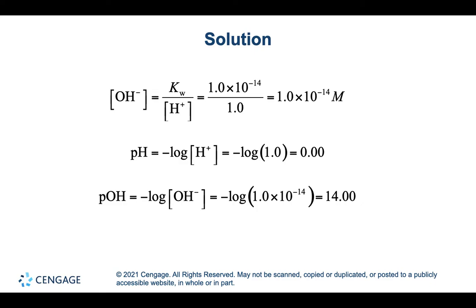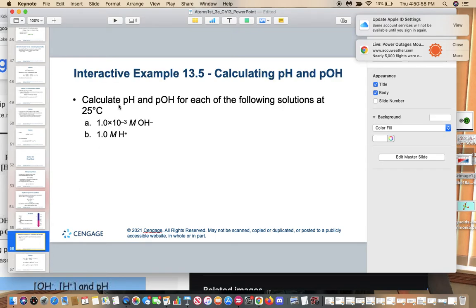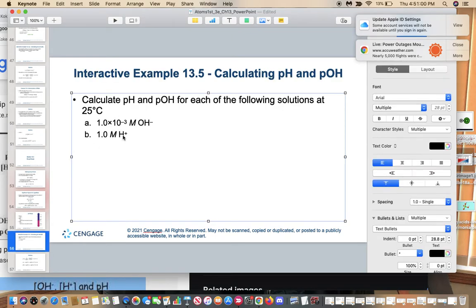So, no, the mistake is not there. Let me go back here. Sorry about this, I should have caught this mistake. This is in fact OH minus. The mistake is in the way they solve it, not in the way they presented the question.